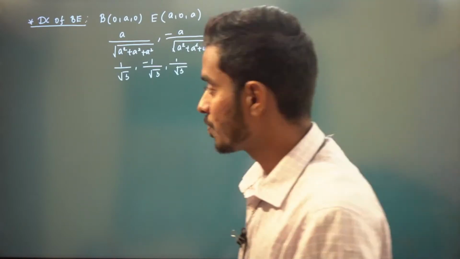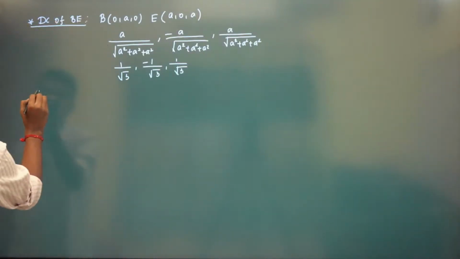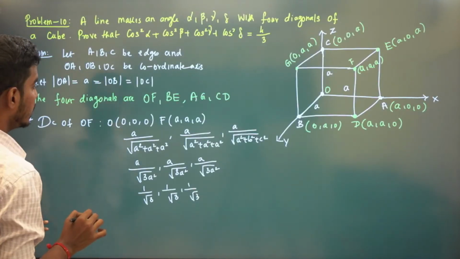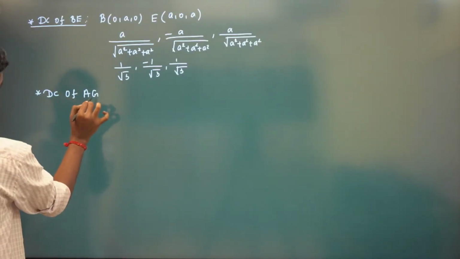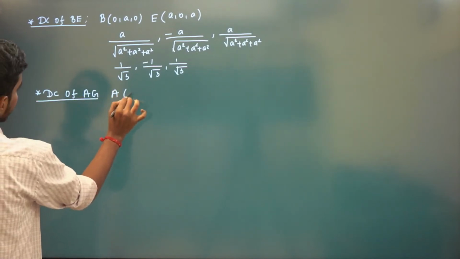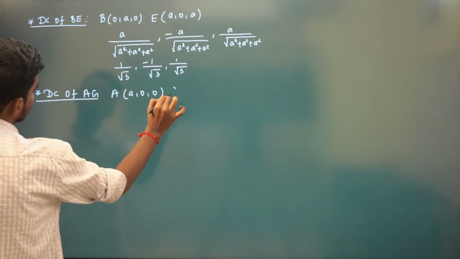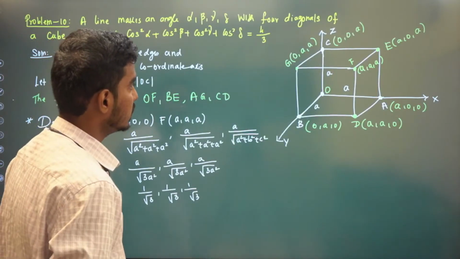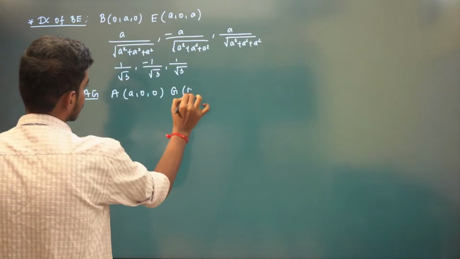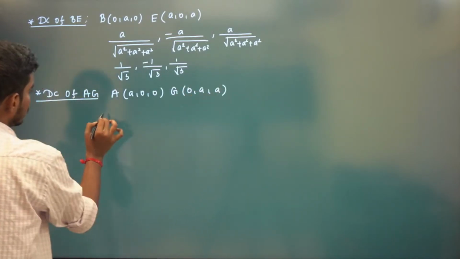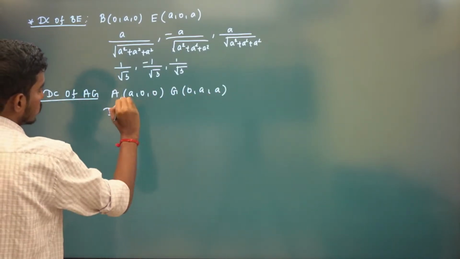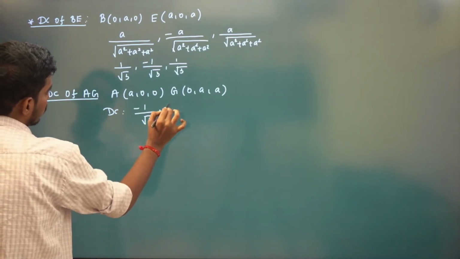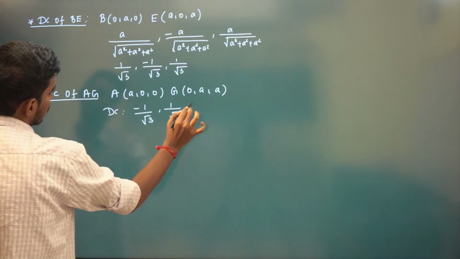Now, similarly, you find the direction cosine of AG and CD. So AG: A is a comma 0 comma 0, G is 0 comma a comma a. So this direction cosine will be 0 minus a by root of 3a square, a minus 0 by root of 3a square, a minus 0 by root of 3a square. So you will have minus 1 by root 3, 1 by root 3, and 1 by root 3.